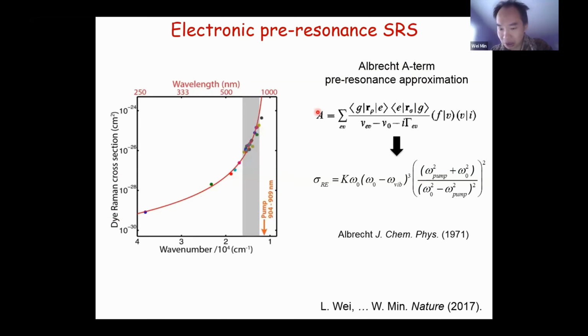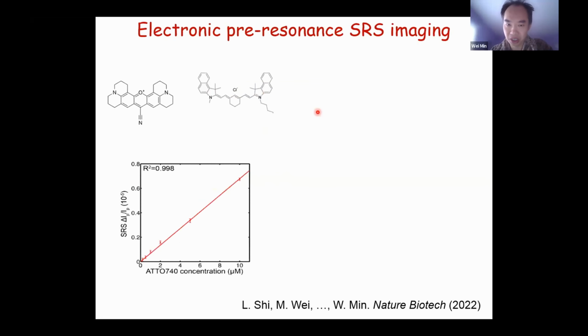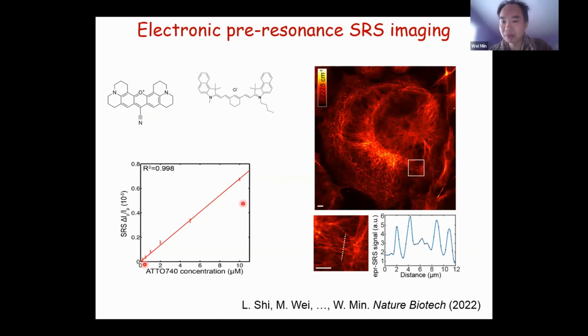And with this, we can actually really get to the micromolar, submicromolar concentration. So you can see here, this is a nitrile conjugated to a dye. Now you have a resonance. Then you look at the Raman of this electronic resonance mode, and the sensitivity can get down to submicromolar. Then we can see tubulin. This kind of image can only be done by fluorescence in the literature.